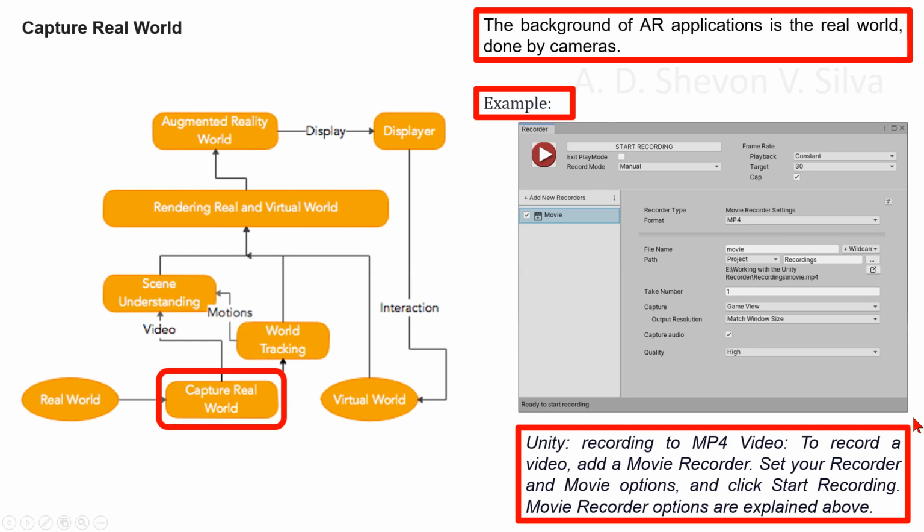Here to record the video, so this is in Unity, and to record the video, add the movie recorder, set your recorder and movie option, then click start recording.